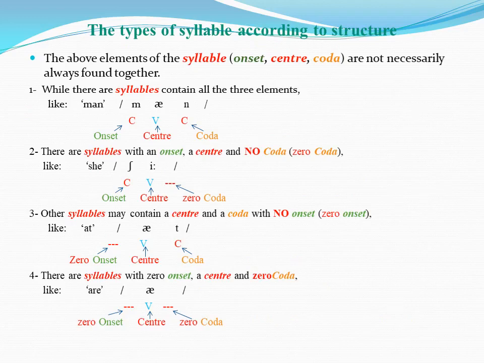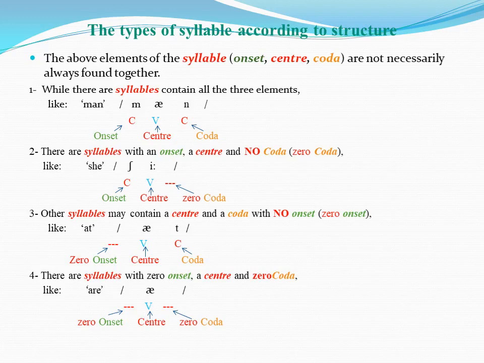We have to put in our minds that these three elements of the syllable, I mean the onset, the center, and the coda, are not always found together in all the syllables. In some syllables, they are found together.